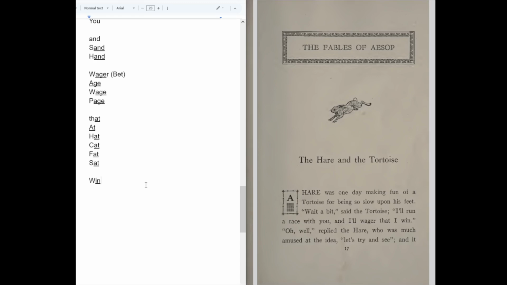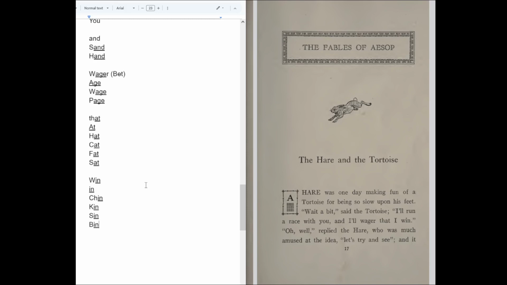And this has the IN sound in it. In. Chin, like the chin on your face. Kin, a word people don't use that often anymore, but they still use it for family. Sin.